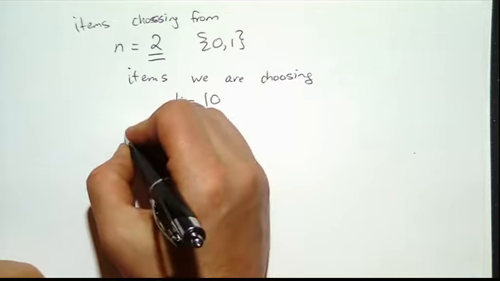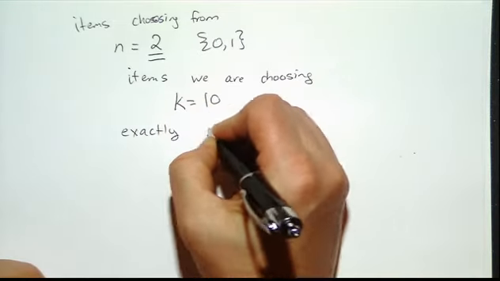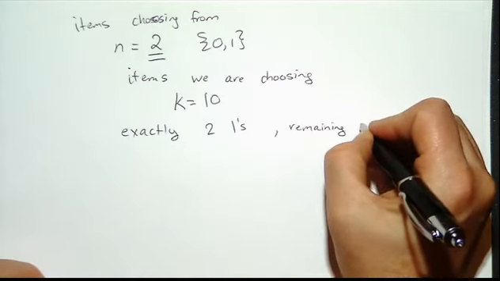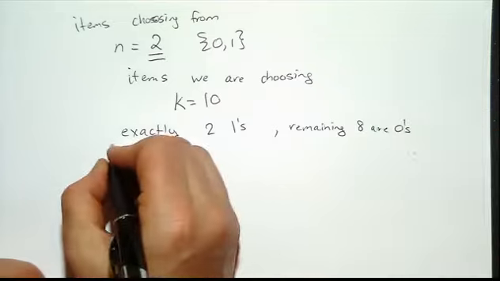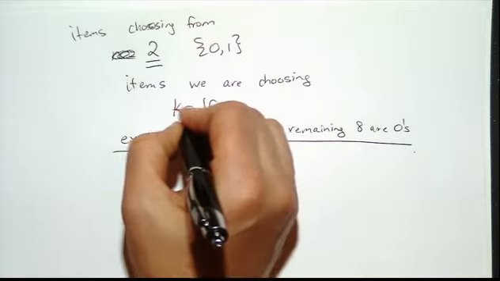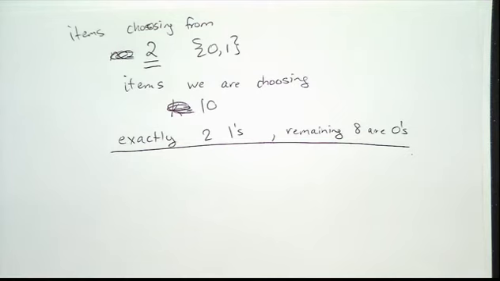And we said that we had exactly 2 1s, and the remaining are going to be 0s. This is where I stop using formulas for problems. I don't care what n and k are. So I draw my 10 blanks, and I think about how to figure out where those 1s go. If it doesn't matter which order they're in, then I just put the 10 numbers in a hat and pull out the 2 where we're going to put the 1s. Or just throw darts at them and figure out which 2.